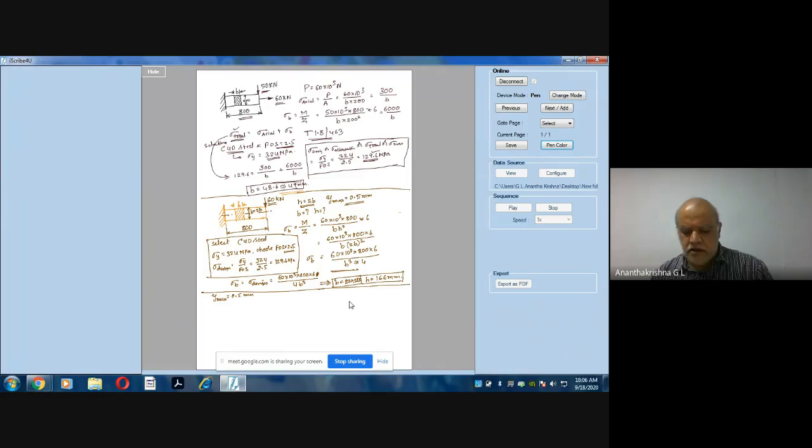Of course, for most of the steels, we can take Young's modulus to be equal to 207 GPa, that is 207 into 10 power 3 megapascal. Correct? And Y max is limited to 0.5 given in the problem.